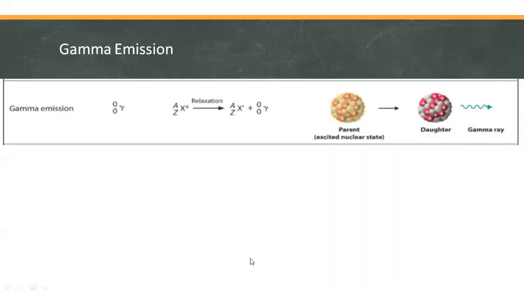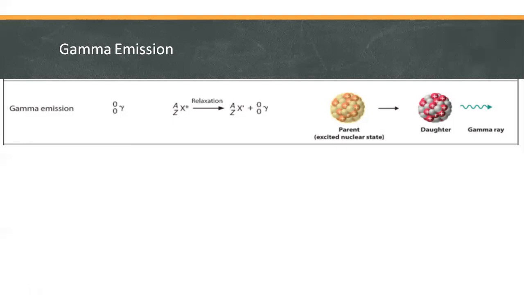Gamma emission. Many nuclear decay reactions produce daughter nuclei that are in a nuclear excited state, which is similar to an atom in which an electron has been excited to a higher energy orbital to give an electronic excited state.